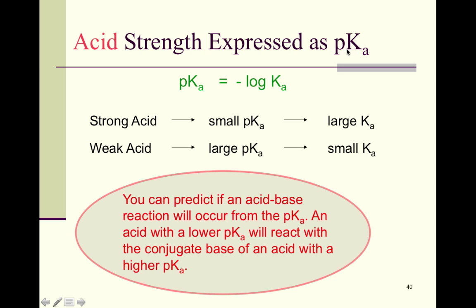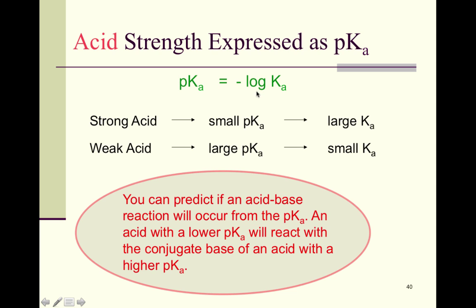Acid strength expressed as pKa. pKa is minus the log of the Ka. So you saw on the previous slide how we got Ka. Well, those numbers are not quite manageable, or we're not really comfortable with them. They'd be times 10 to the minus 7, times 10 to the minus 12, those kind of numbers. So anytime you take minus the log of a number, we're converting those exponents to a number that's more easily read.